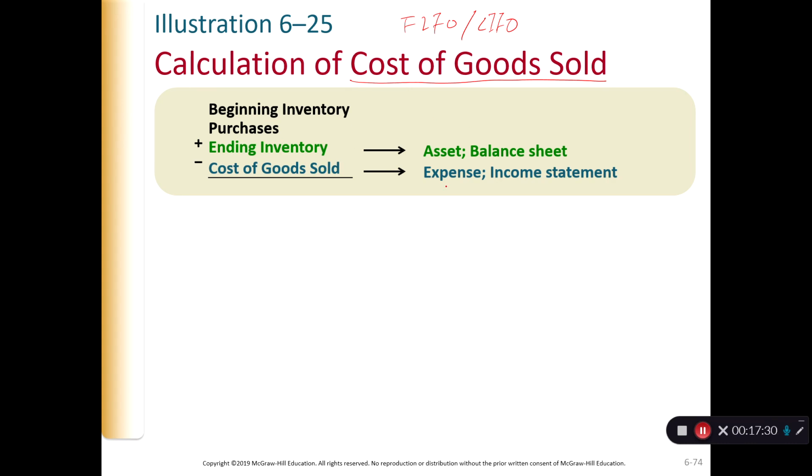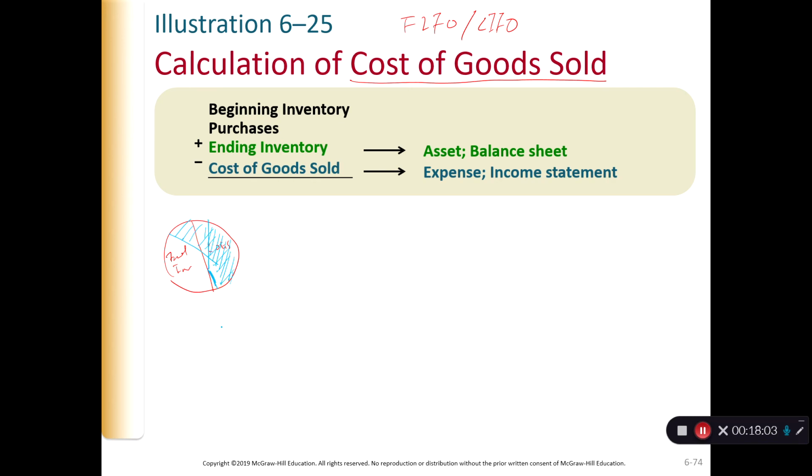The biggest determination in these two methods of cost of goods sold is to split the cost available for sale between two rows. One is the ending inventory, one is cost of goods sold. It's not always 50-50, right? It can be that cost of goods sold is a lot less, or a lot more. It depends on the situation.